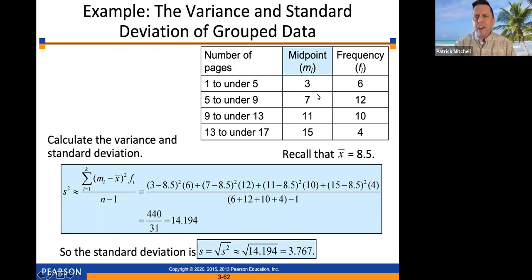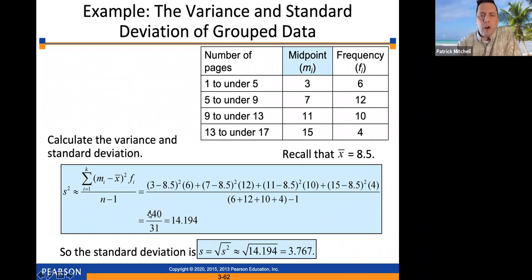So what you have to do is subtract the 8.5 from each midpoint, square that difference, and then multiply it by the frequency and add all of those together and then divide by the sample size minus 1, all right? I think it's going to be a lot clearer on the next slide, so I'm going to save most of my energy for showing you that one.